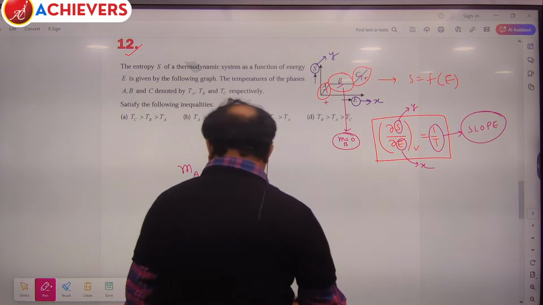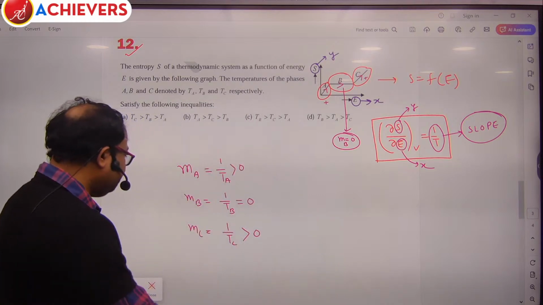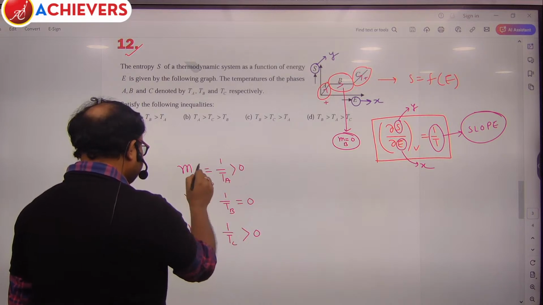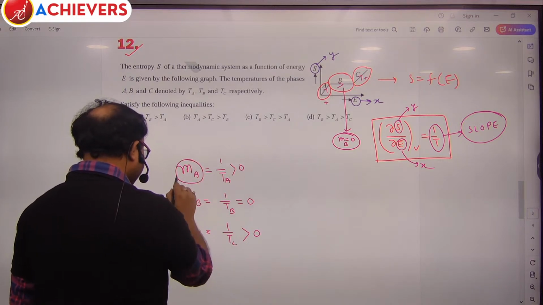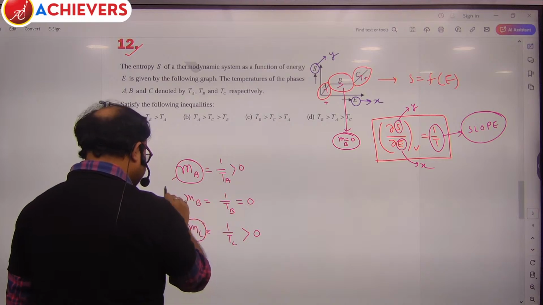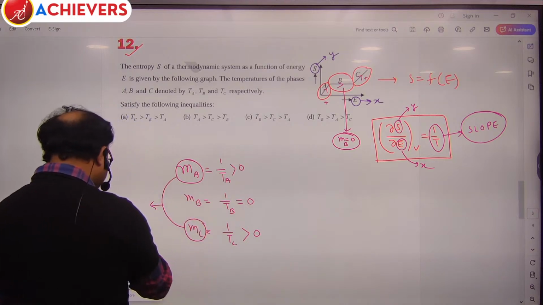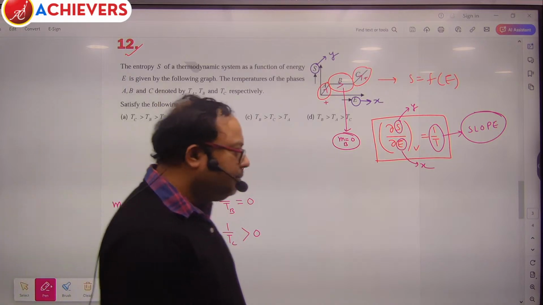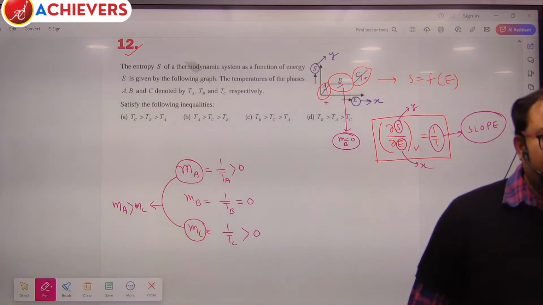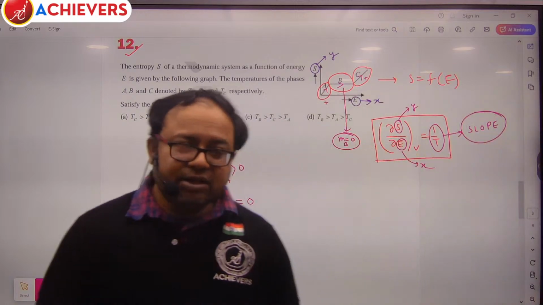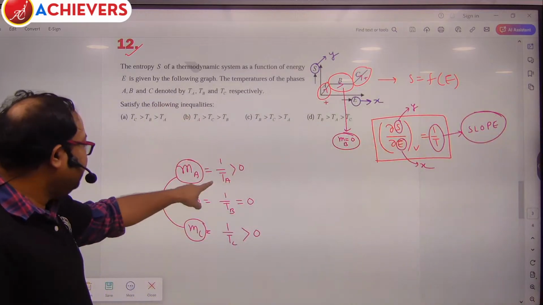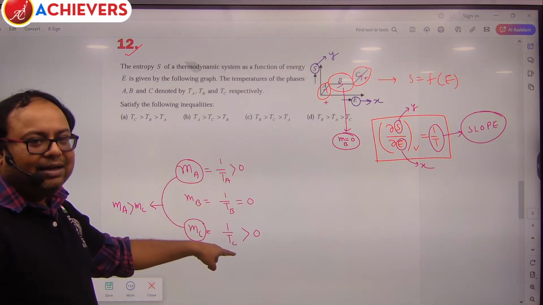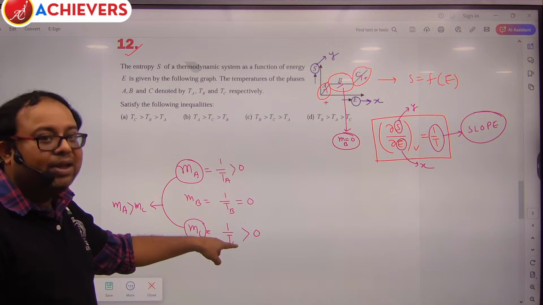So both of them are positive, but if MA and MC are compared, then we can say MA is greater than MC. Now, if MA is greater than MC, then obviously TA should be lower than TC because TA and TC both are situated at the denominator.